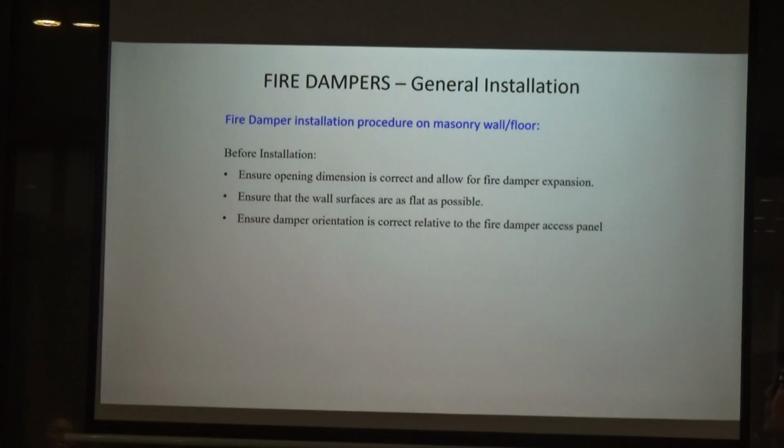The second is to ensure the wall surfaces are as flat as possible. Of course it is difficult for contractors to achieve 100%, but on our side we will advise that the wall opening should be as flat as possible, because in the end the retaining angle should be flush with the wall. Next is the fire damper orientation.